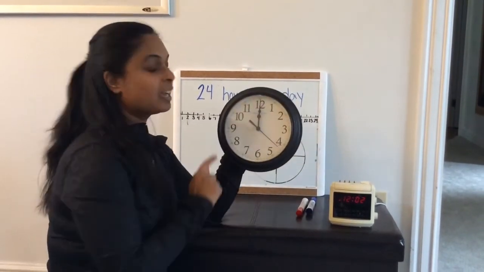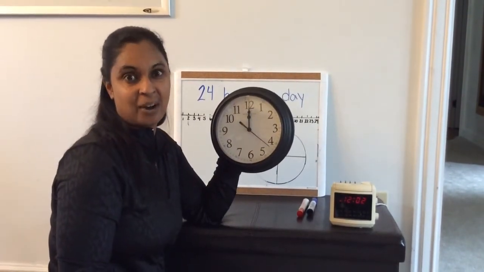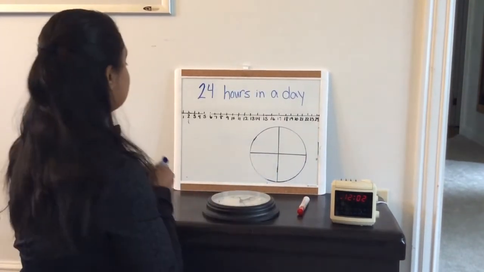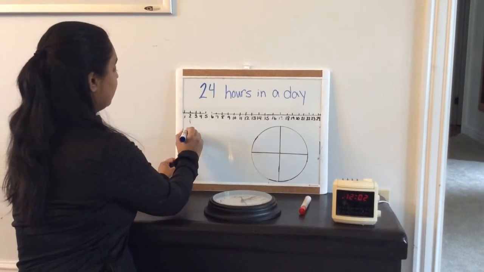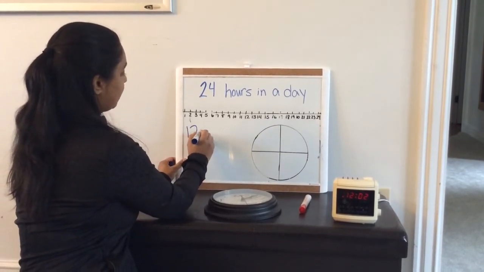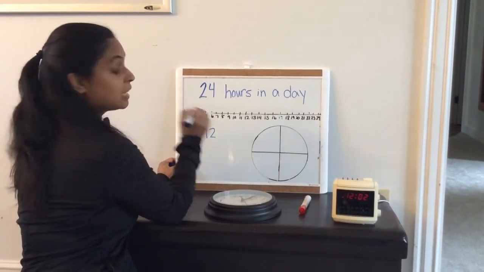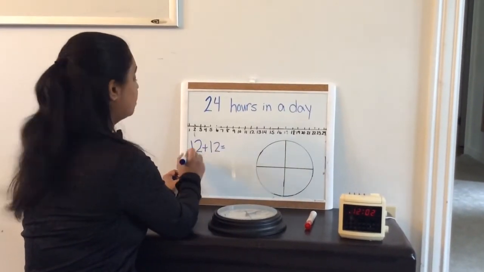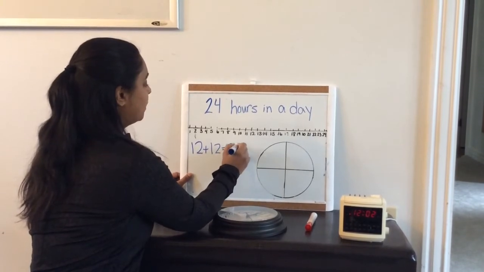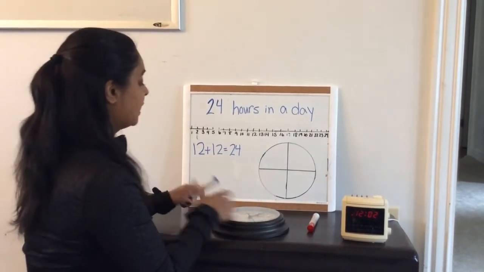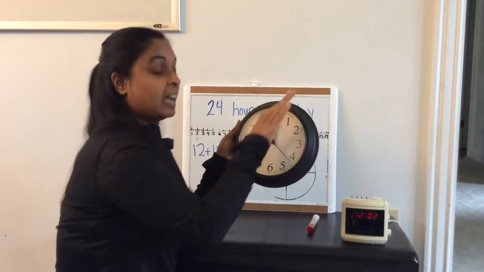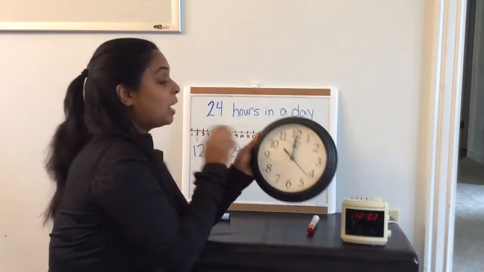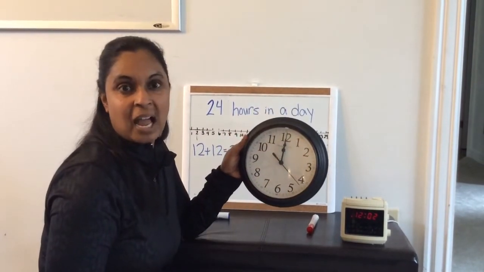Now on a clock, it only goes up to 12 hours. So I'm going to show you a little bit of math to help that make sense for you. If I do 12 plus 12, now that's a little bit more advanced math for you, but I'll tell you the answer. 12 plus 12 is 24. That means if our clock hand, our hour hand goes around the clock 2 times, 2 12s, then we'll make 24 hours.